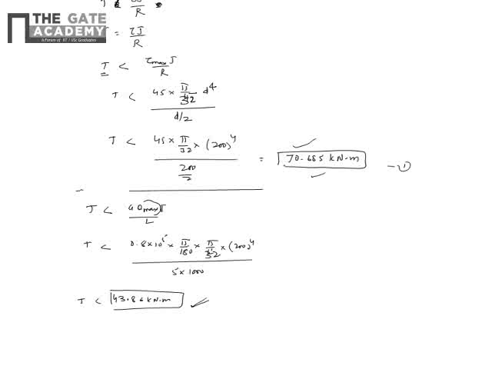But if I apply 43, angle of twist will be just 1 degree, and the stress will be less than 45 MPa, because torque is proportional to stress, torque is proportional to theta, so both will be safe. So this is the answer, not 70. So 43.86 is the answer. Answer is B. This is a good problem.